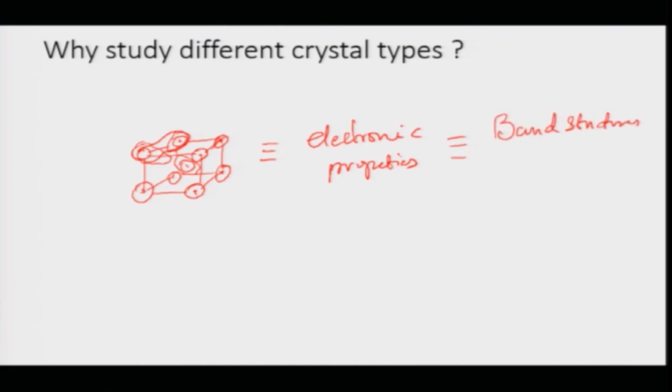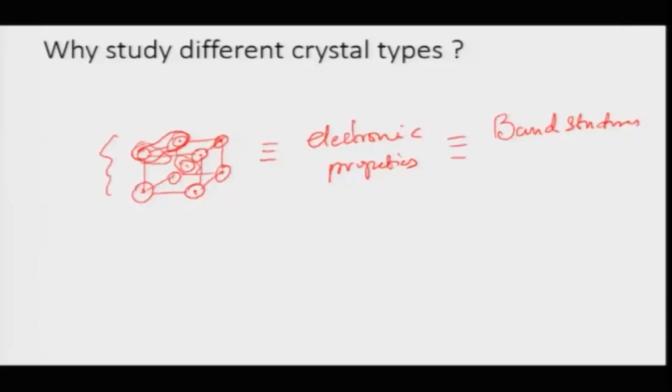Depending on the crystal structure and how the electrons are overlapping and delocalized along the lattice, you can have different types of behaviors of the bands inside the solid, which are governed ultimately by the nature of the crystal structure. Crystal structures immediately have a role to play on the electronic properties.